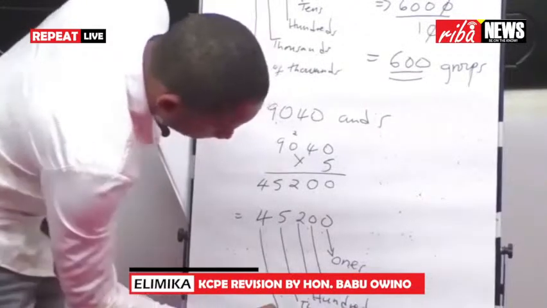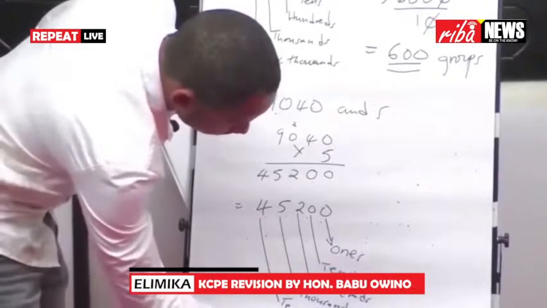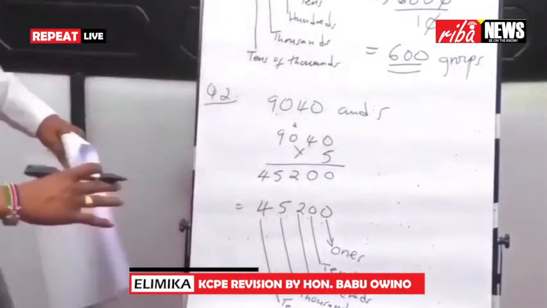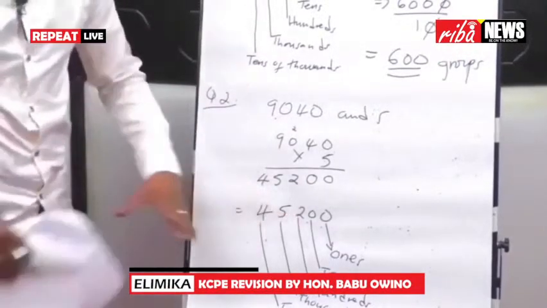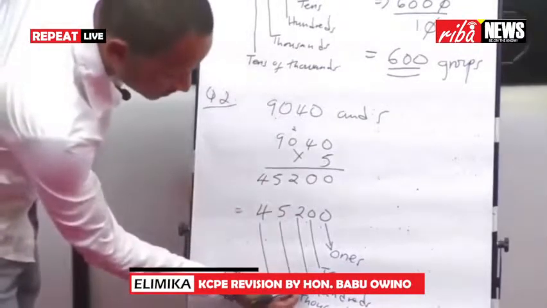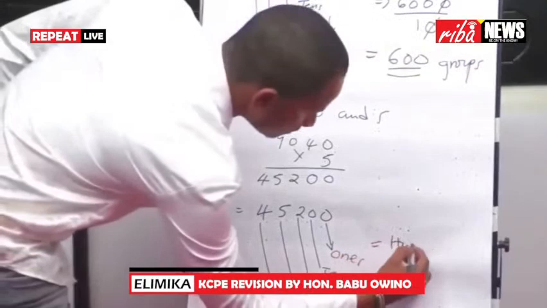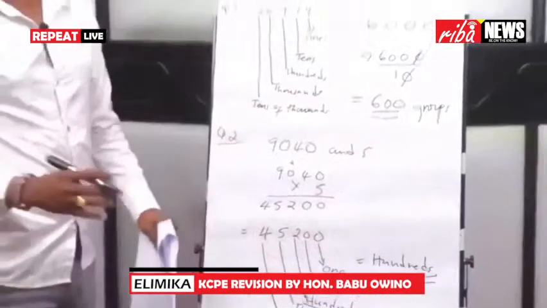The next value is tens of thousands. So the question is asking, what is the place value of digit 2? So the place value of digit 2 is hundreds. So our answer is hundreds.